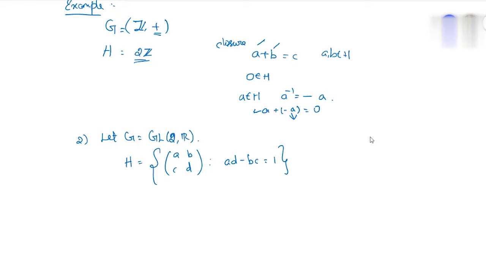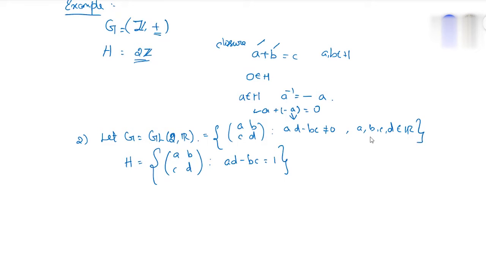GL2(R) is the set of all 2 by 2 matrices [A, B; C, D] such that AD minus BC is not equal to 0. So for GL2(R), the determinant should not be equal to 0, and A, B, C, D belong to the real numbers R.